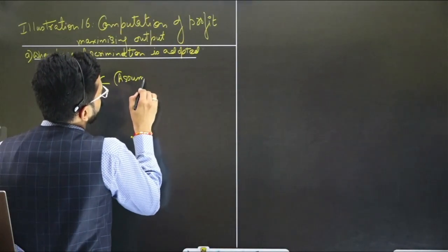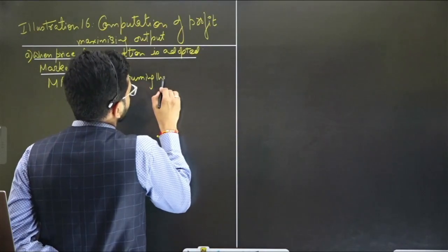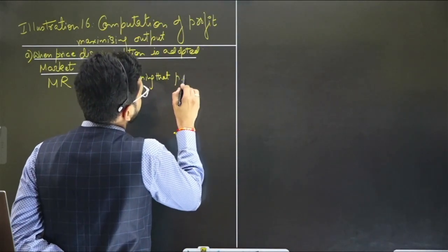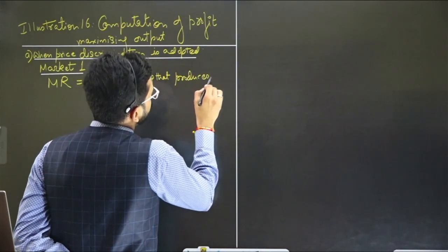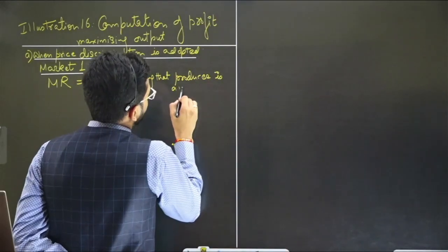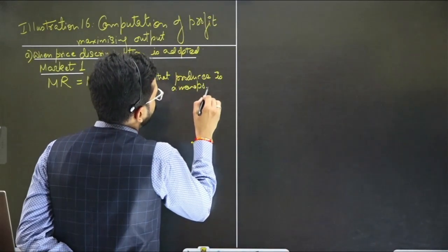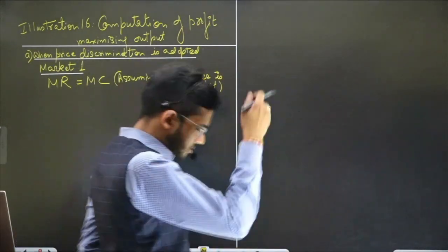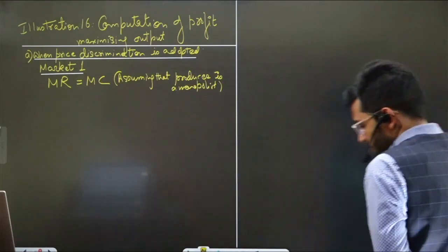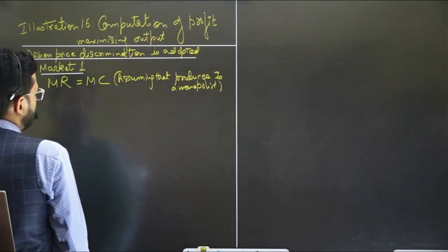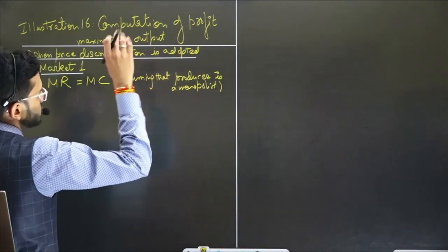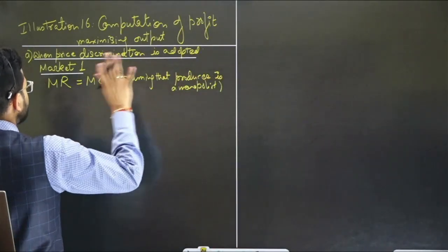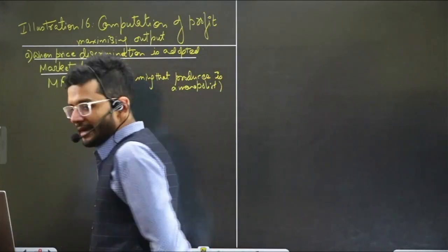We are assuming that the producer is a monopolist. Always raise an assumption in such questions where price discrimination is required to be exercised. Always write this assumption, assuming that the producer is a monopolist. MR is equal to MC is the profit maximizing output.